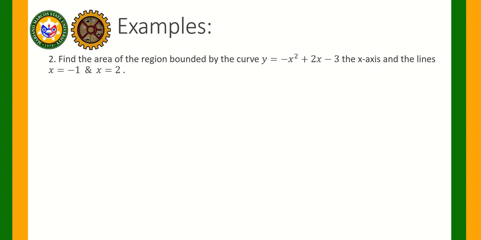Pero hindi natin alam kung upward or downward siya. Okay? And to do that, let's try to manipulate the function and convert it to a standard form or standard equation of a parabola to know kung saan siya naka-open.